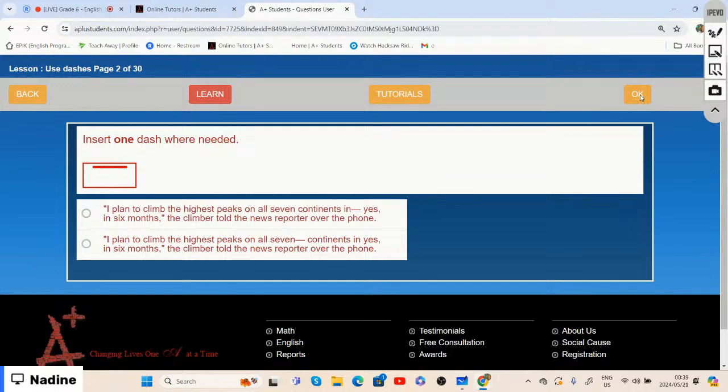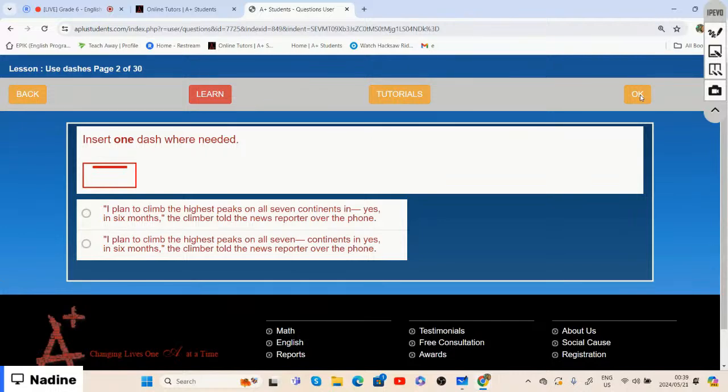All right, so we need to once again insert one dash where needed. It says, I plan to climb the highest peaks on all 7 continents in, yes, in 6 months. The climber told the news reporter over the phone.